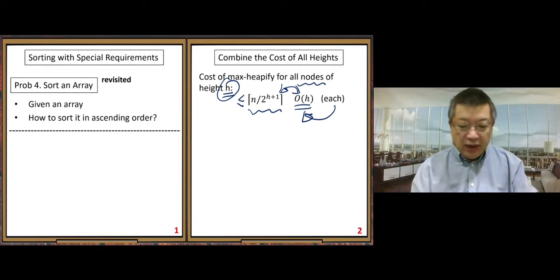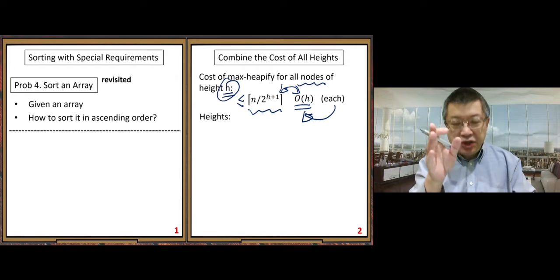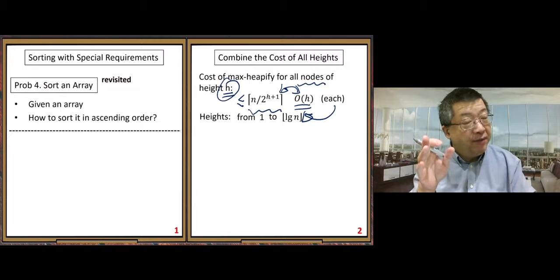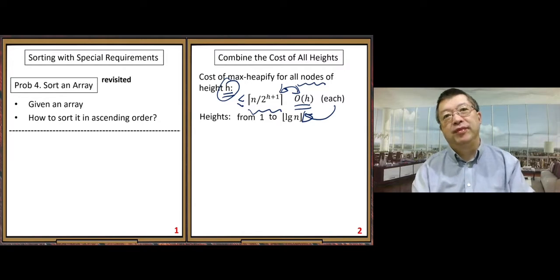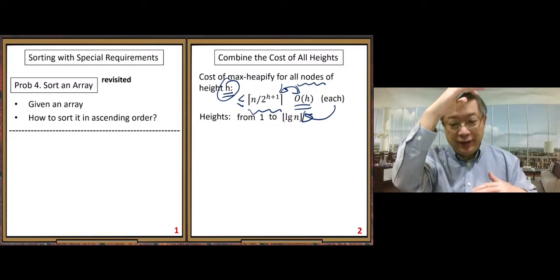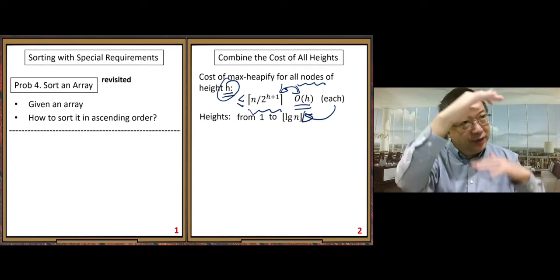Heights from 1 to floor of log n, the height of the root.